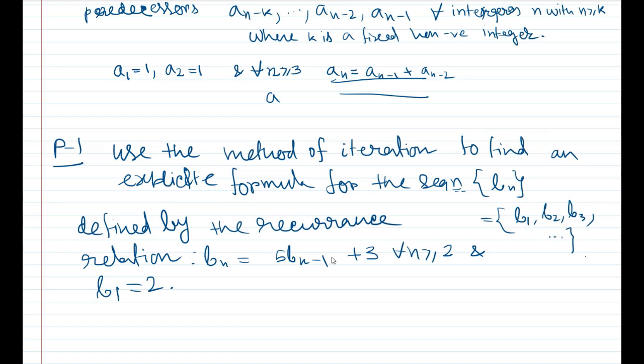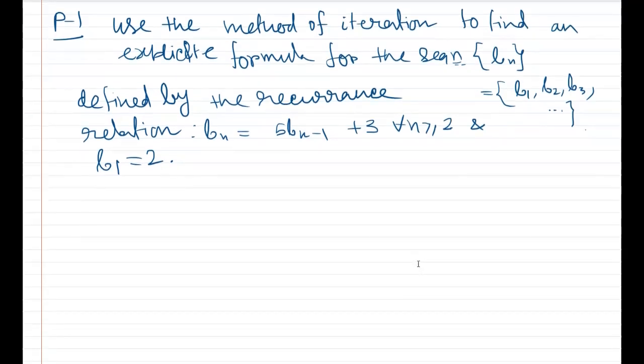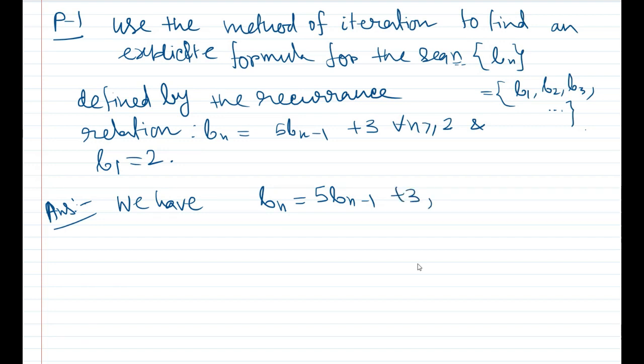So we have bn is equal to 5 of bn minus 1 plus 3, for all n greater or equal to 2.